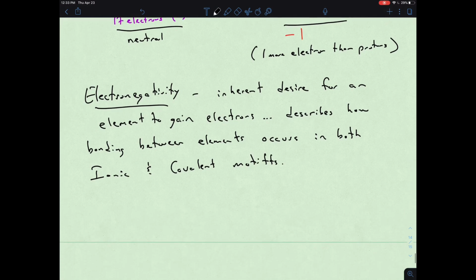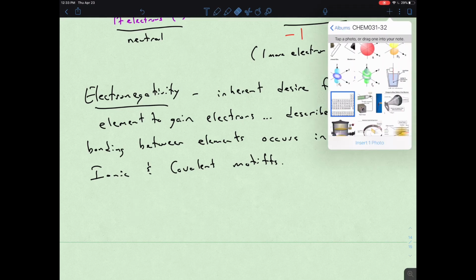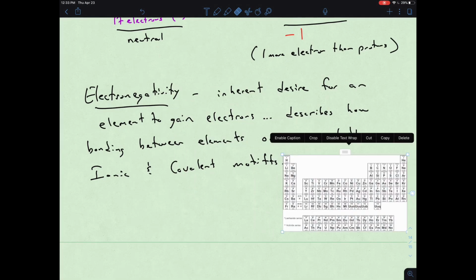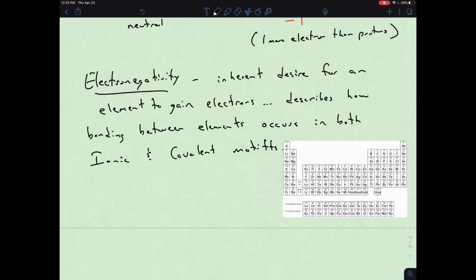So if we look at a trend, and if we look at electronegativity, it increases up the periodic table and from left to right.